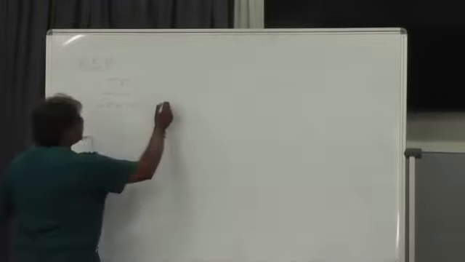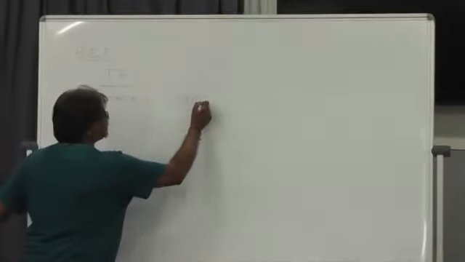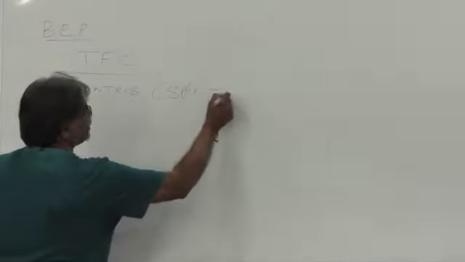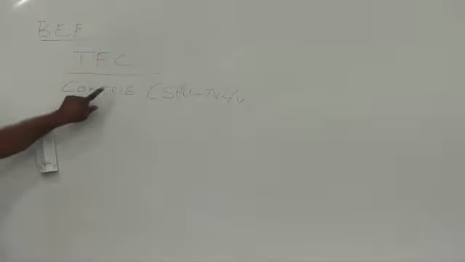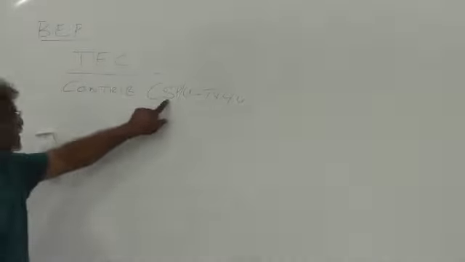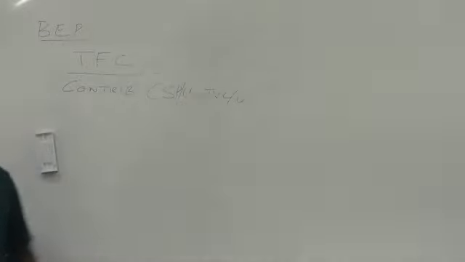How do we calculate contribution? Contribution is selling price per unit, subtract your total variable cost per unit. Your total fixed cost, now remember here it's total fixed cost, not per unit, total fixed cost, divided by contribution. How do you work out contribution? Selling price per unit minus or subtract your variable cost per unit.